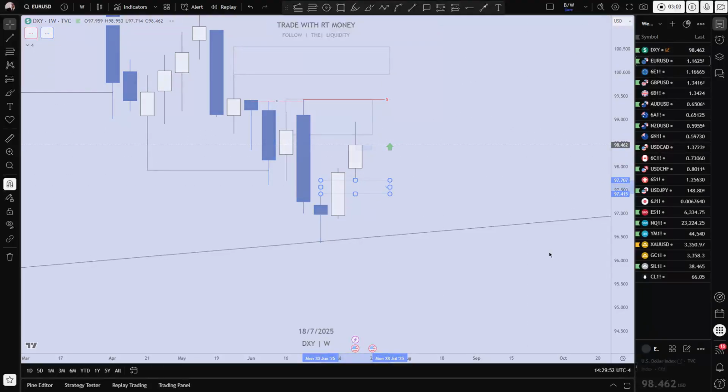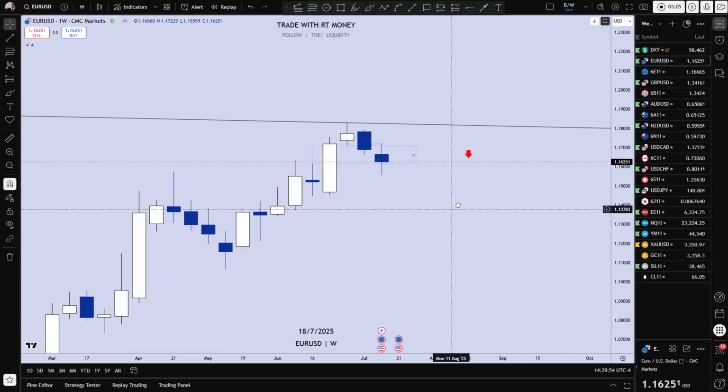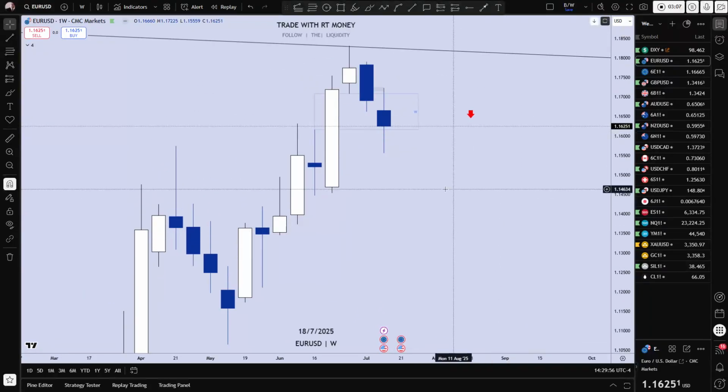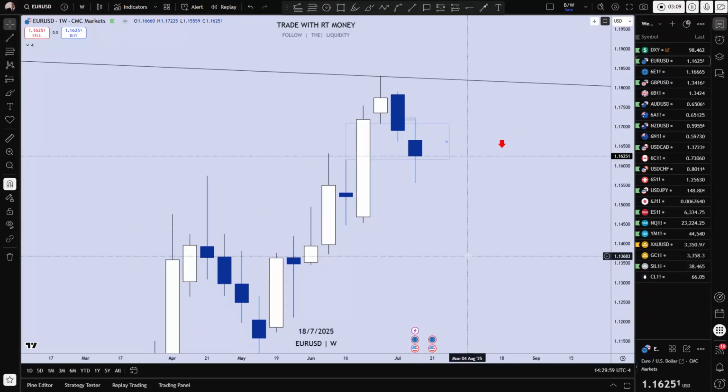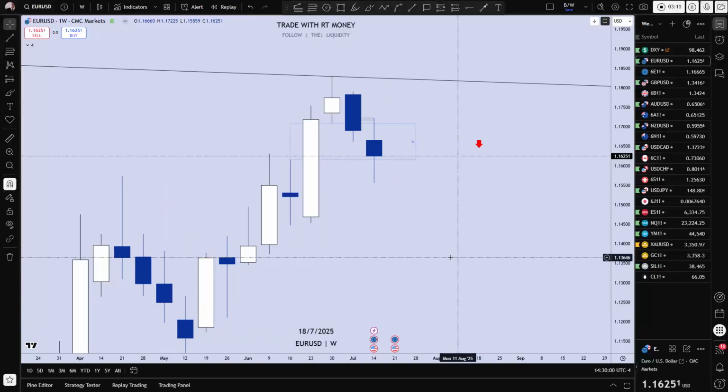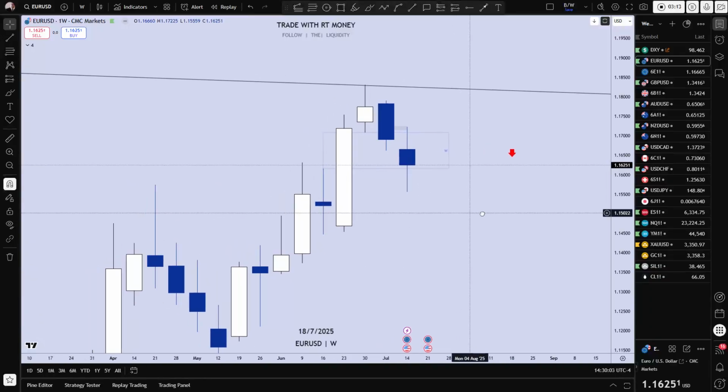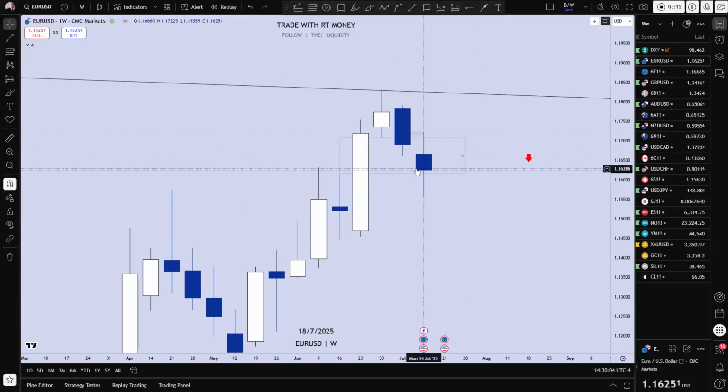The inverse will be the fact that the Euro USD will follow behind that analysis. The US dollar is leading the Euro USD, and if the Euro USD is printing bearish candles opposite of the Dixie, then we're probably going to see some more bearish candles.